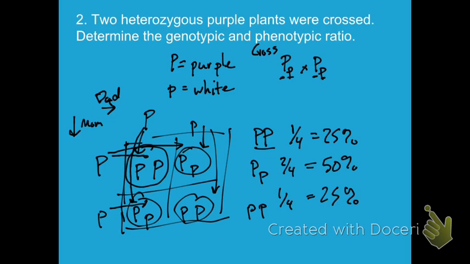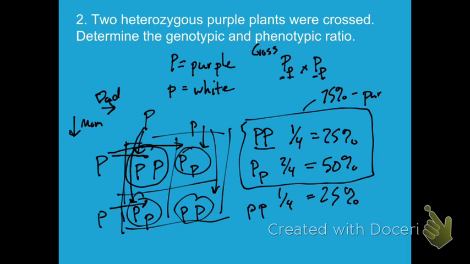Okay, what about the phenotypic ratio? Well, because these contain at least one dominant allele, 75% will be purple, and then 25%, or 1 out of 4, will be white.